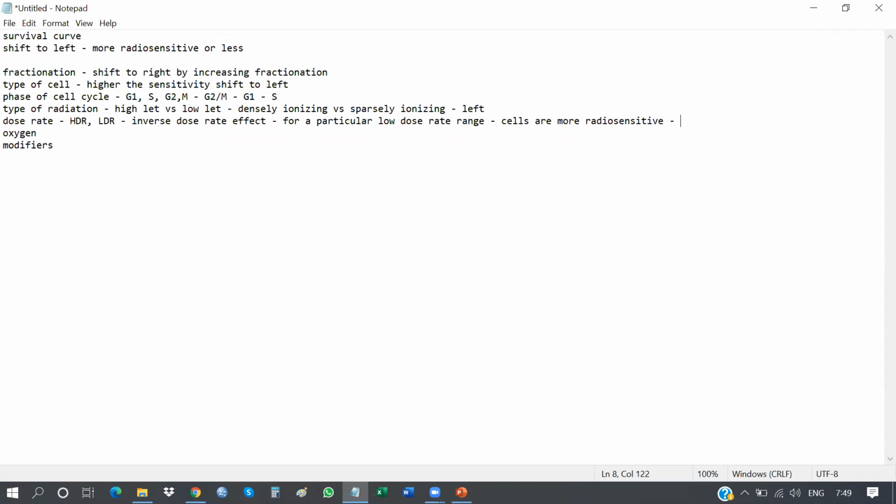This phenomenon is called the inverse dose rate effect. Okay, understood? We will be discussing all this in detail when I start the PPT. I'm just giving you a gist of what it is.